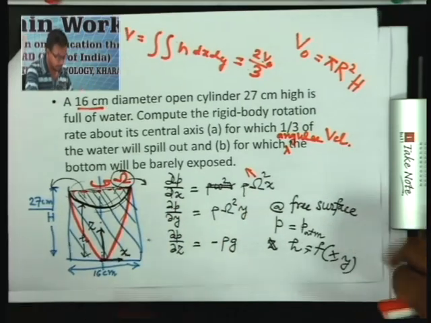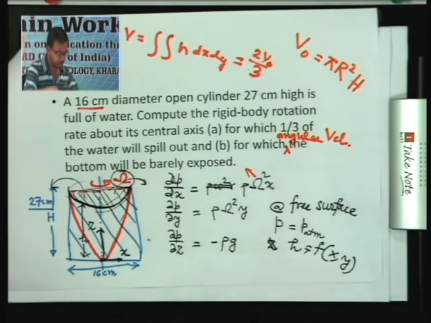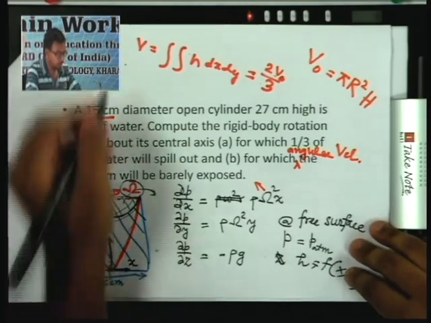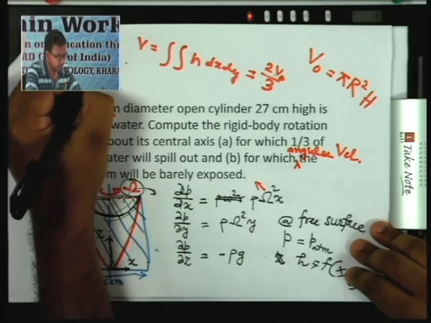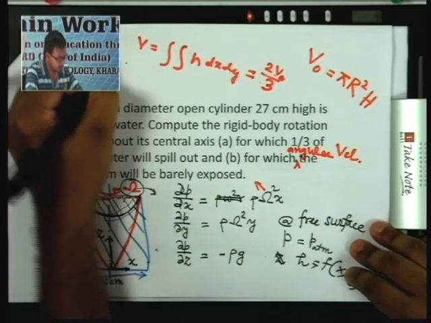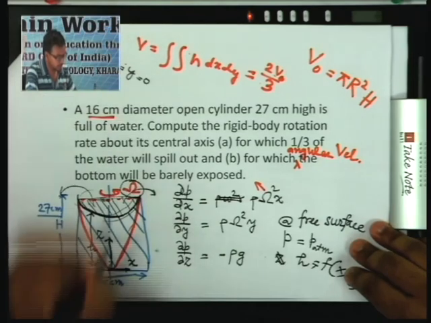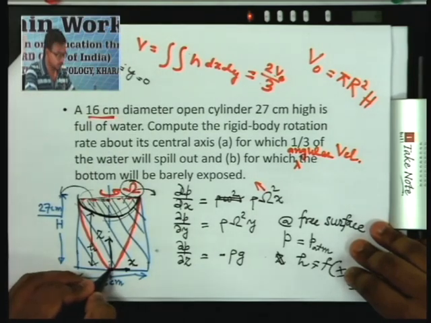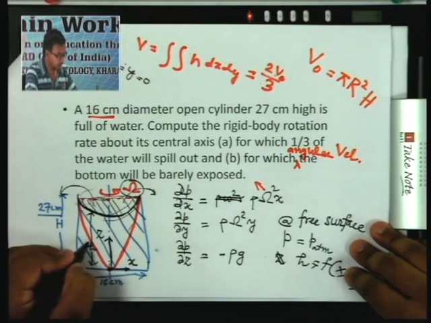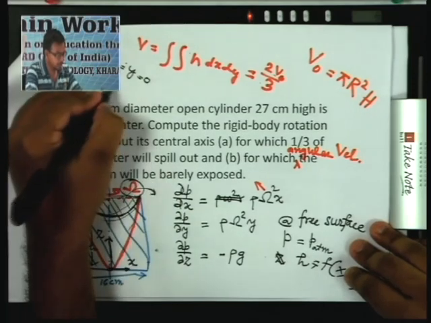So it's very simple to find out actually. What we need to do is apply this condition that at x equal to y equal to 0, this position is x equal to y equal to 0, the height h should be equal to 0.